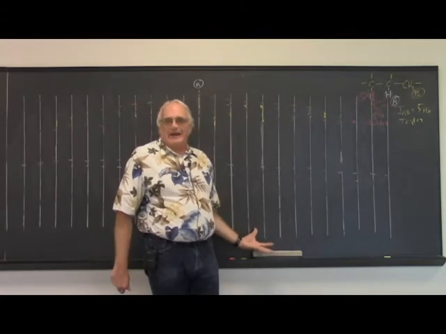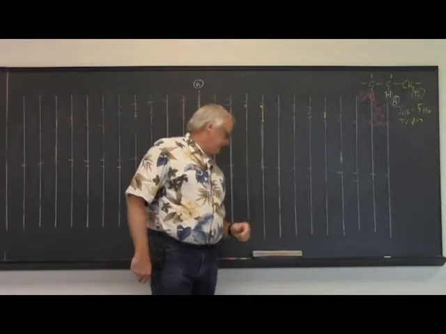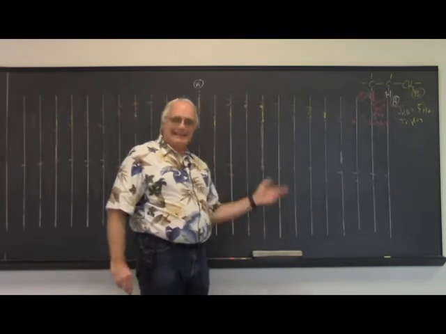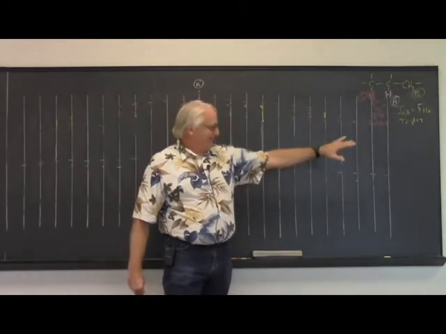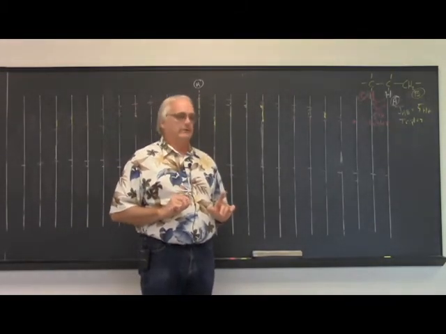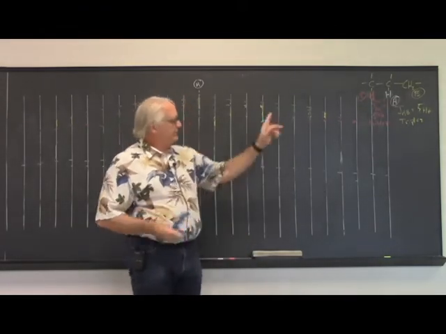And I'm going to use 5 Hertz because it's a nice pretty number to work with as my coupling constant. And to do it, I'm going to take the triplet and then do the doublet. Frankly, if you did the doublet and then did the triplet, in this case, since the two coupling constants are identical, it will make no difference in the final result. So I'm going to do the triplet first.